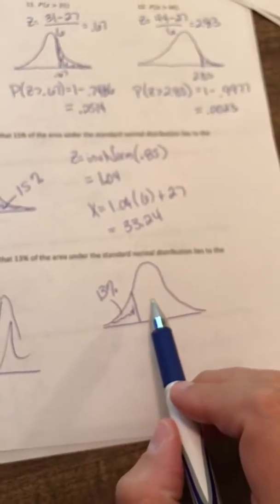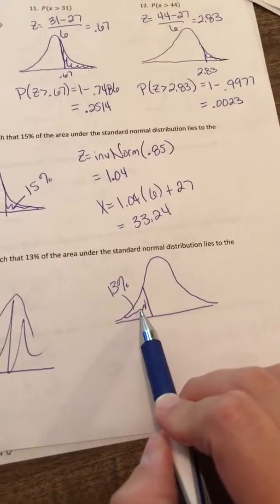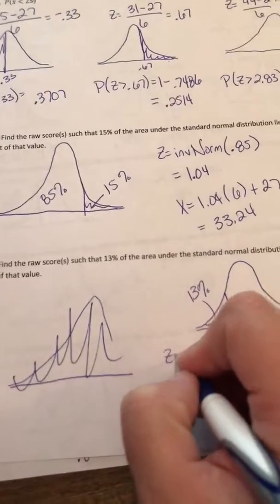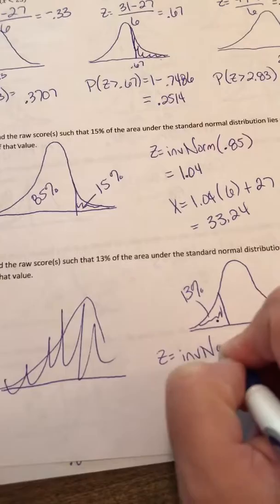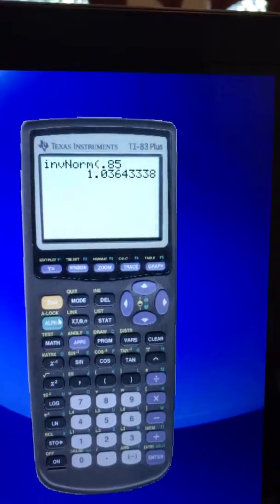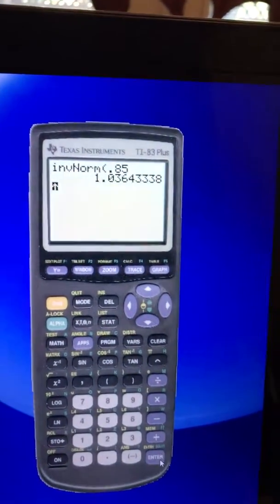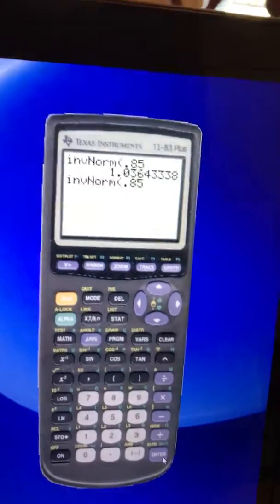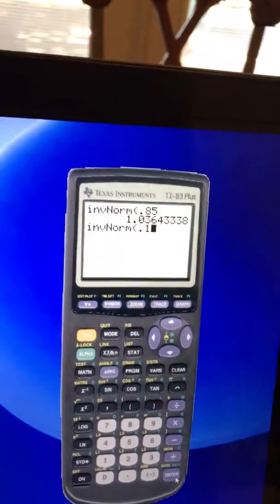Okay. So there's your normal curve. 13% lies to the left. So for z, we're just going to do the inverse norm of 0.13 because that is to the left. So if you do inverse norm, if you already have it up there, you can hit second enter. And it'll pop up, and then you can just go over and type 0.13 instead of 0.85.